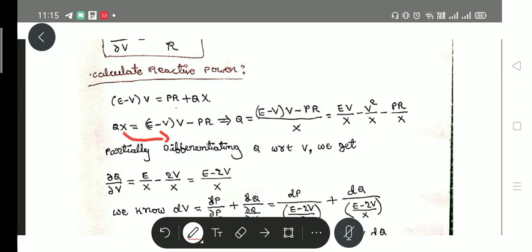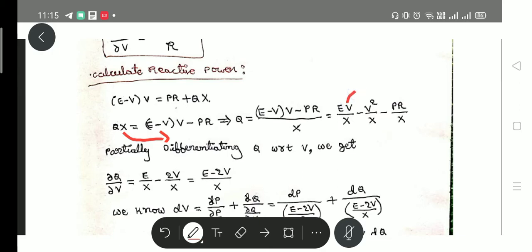Separating the terms, Q = EV/X − V²/X − PR/X. Now I am differentiating with respect to V, ∂Q/∂V.